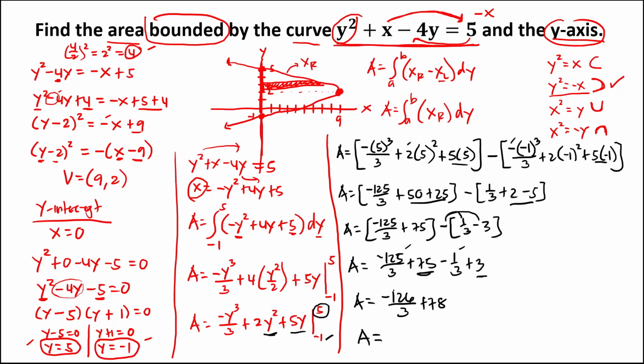Area equals negative 126 divided by 3, this is negative 42, plus 78. So we have now the area equals negative 42 plus 78, so positive 36 square units.